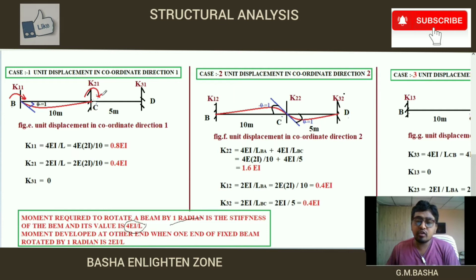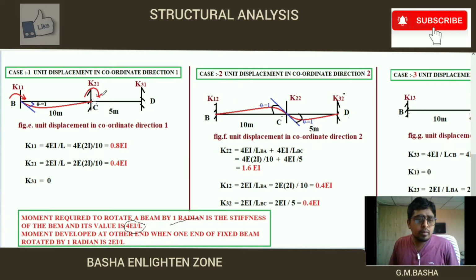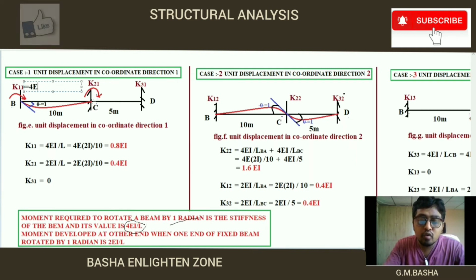So don't be confused. If you want to remember all those things, you have to remember these. Otherwise you just simply take it down like this. Whatever moment we are considering at this K11 position will be equal to 4EI by L. Please remember that as your unit moment value.